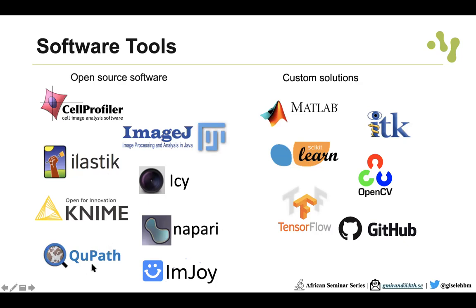We have QuPath for tissue analysis, and napari, a tool in Python. It's a good visualization tool, and you can also implement plugins and more custom solutions. There are libraries like ITK, OpenCV, and so on.